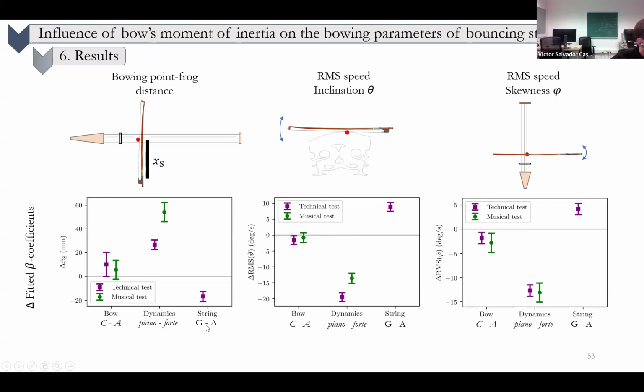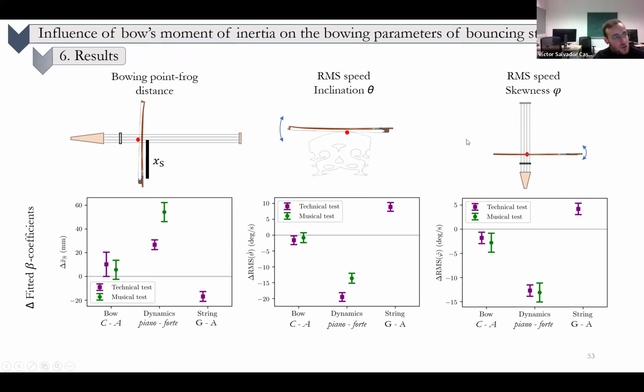And it's also the case for the string, with 2 centimeters lower when we play on the G string than when we play on the A string. And in piano, simply, the bouncing point is more towards the tip when we play in piano than when we play in forte.